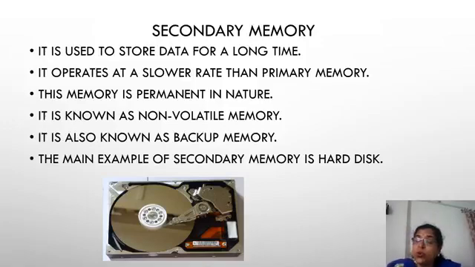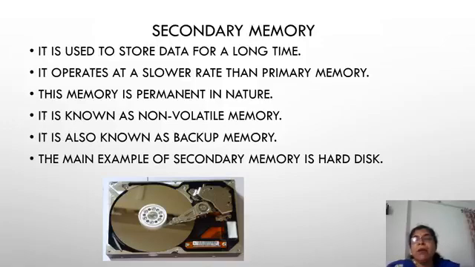Whenever we want to store data permanently, or make use of it afterwards, we can store it on the secondary memory. It operates at a slower rate than the primary memory. This memory is permanent in nature. It is also known as non-volatile memory. It is also known as backup memory.